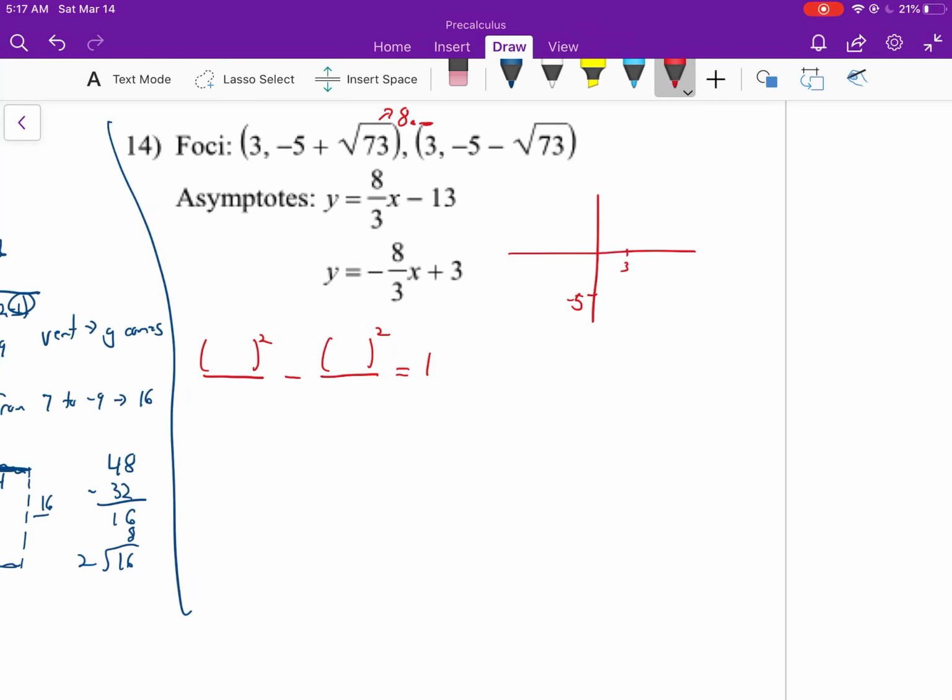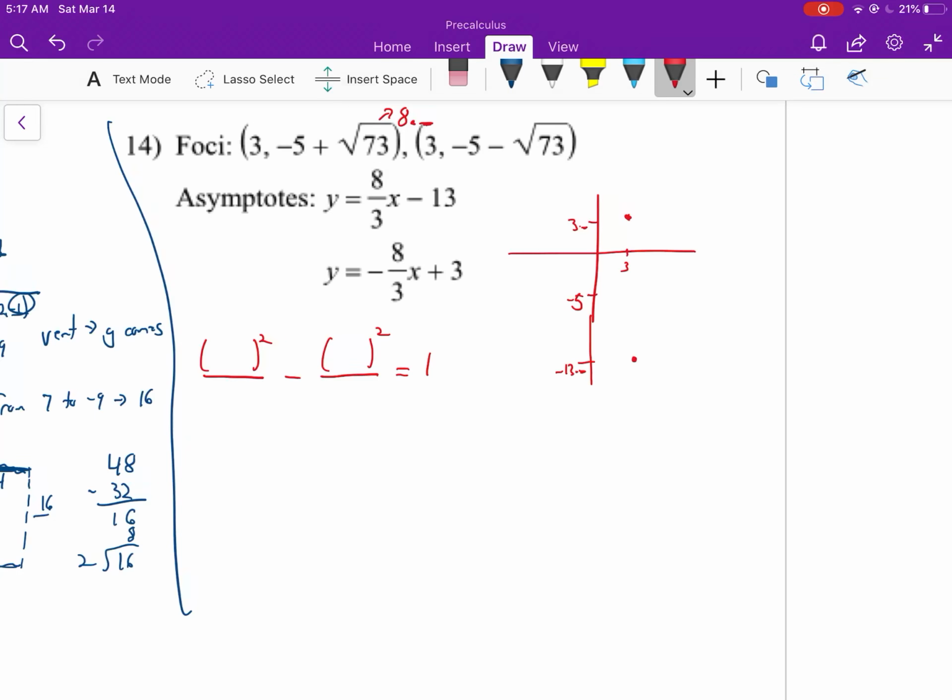So -5 plus 8 point something. That brings us up here to 3 point something. And then for our other point of the focus, the other focus point, we have 3, -5 minus the 8 point something. So that's going to bring us to -13 point something.